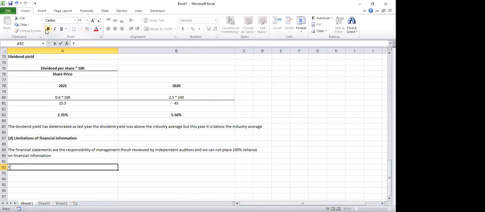Right. Financial statements mainly reflect historical information, which might be rendered irrelevant due to significant changes, for example, inflation.